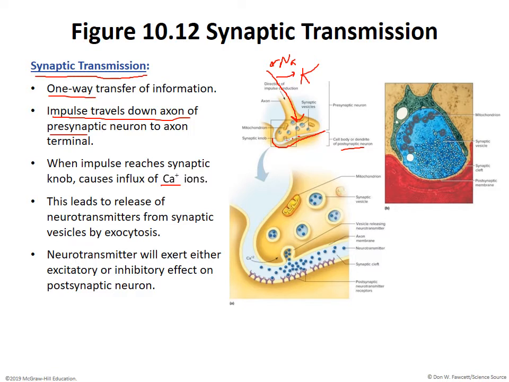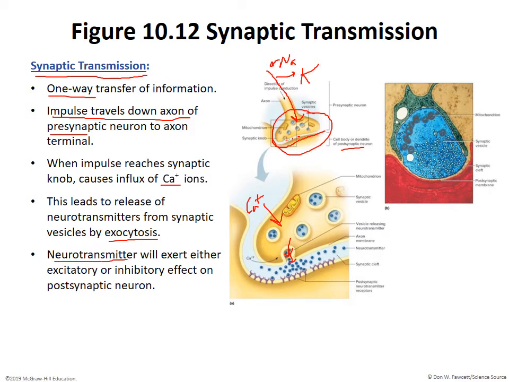But once it gets to this area called the synaptic knob, it is then calcium that's going to enter, and calcium is what's going to cause a release of these neurotransmitters by exocytosis. Exo, outside, cytosis, cell. It is taking things that are inside the cell and dumping them on the outside.